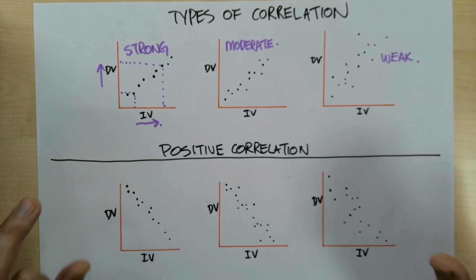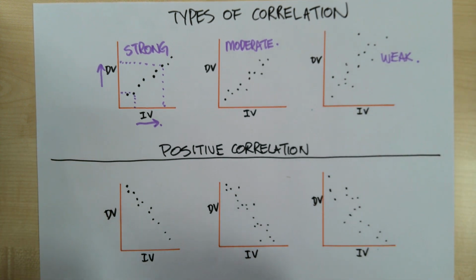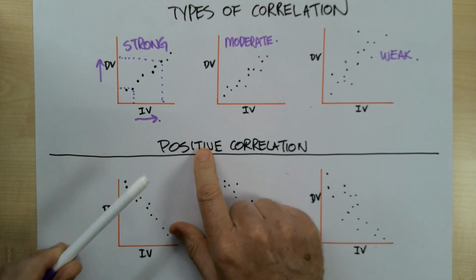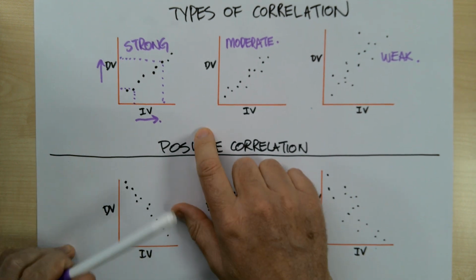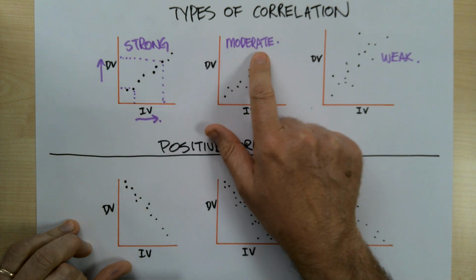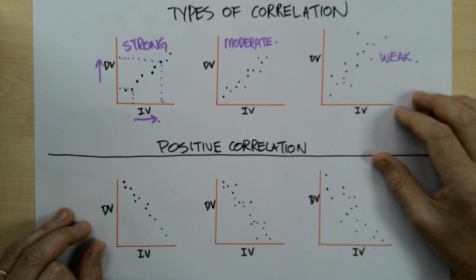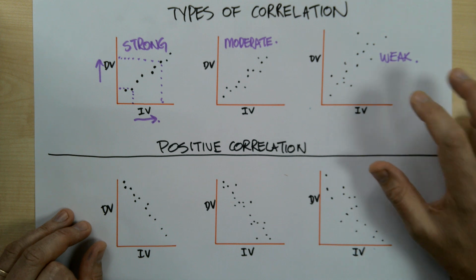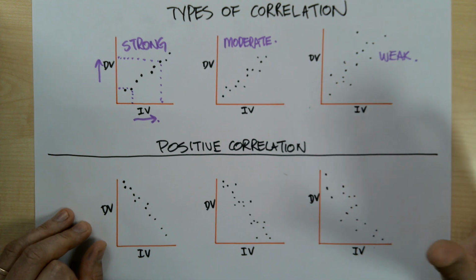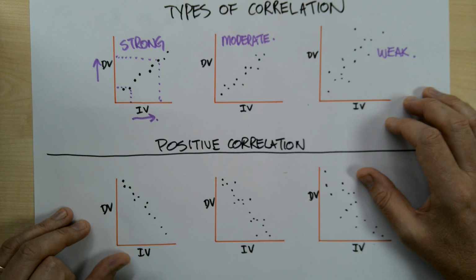In the test, you will need to say it's either positive or negative, which we'll get to in a second, and whether it's strong, moderate, or weak. It's a bit subjective, I get that, but that's where we're at.